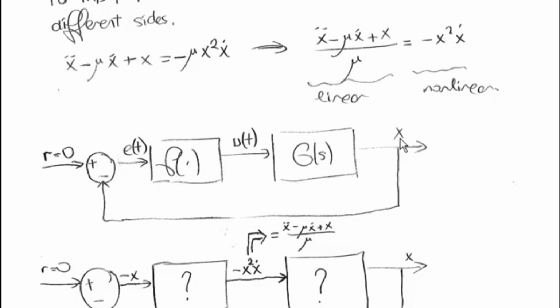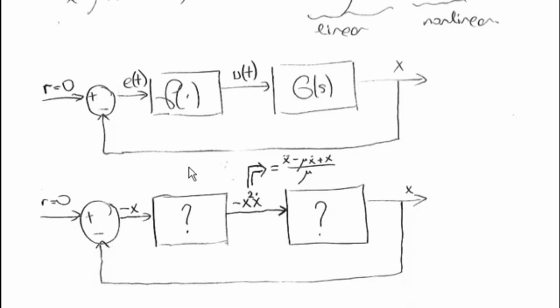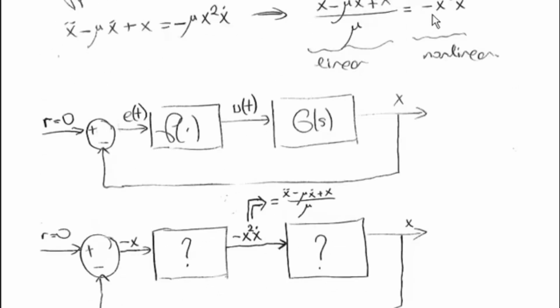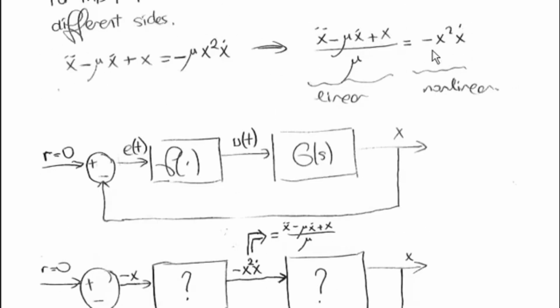Here I would like to make this variable x, which is the same variable as my differential equation here. So then the question is, what is this f and what is this g of s here? So when I have an x here, I know that I have the reference 0 here, so I know that this e of t is going to be just minus x, and I'm going to try to equate the right hand side of the nonlinearity to the nonlinear terms in our equality here.